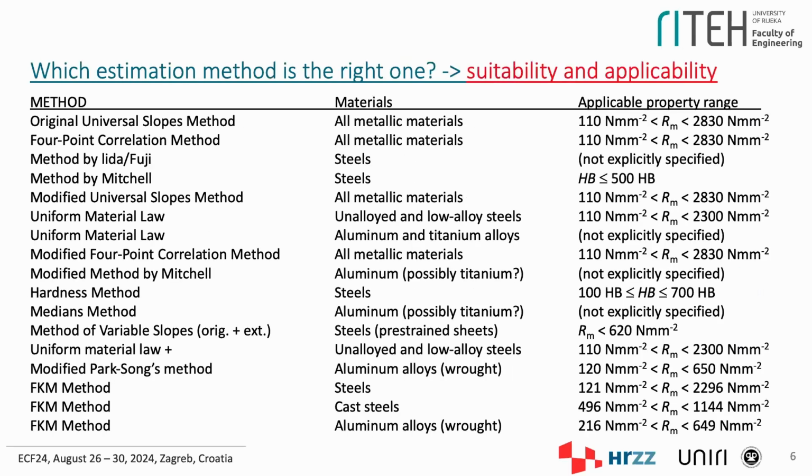Again, the same methods, of course, are developed for different material groups and subgroups. The list is shown here. We can see that, of course, not every method is intended for all materials or every material subgroup.